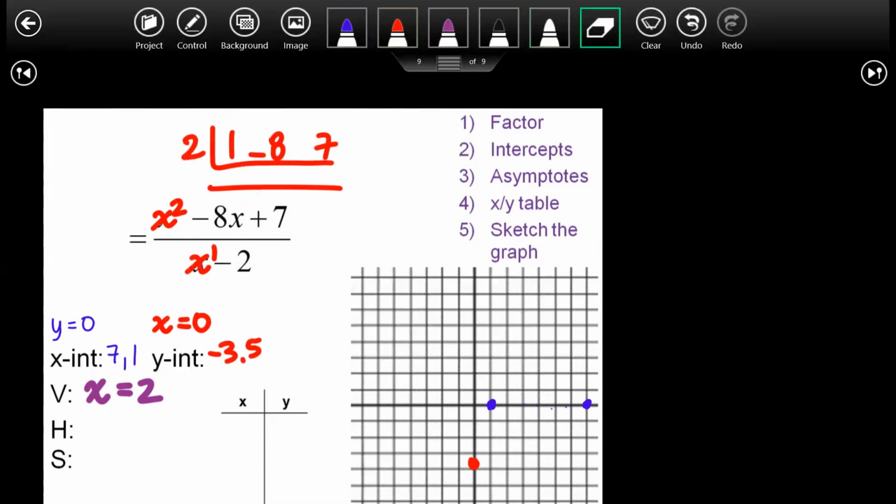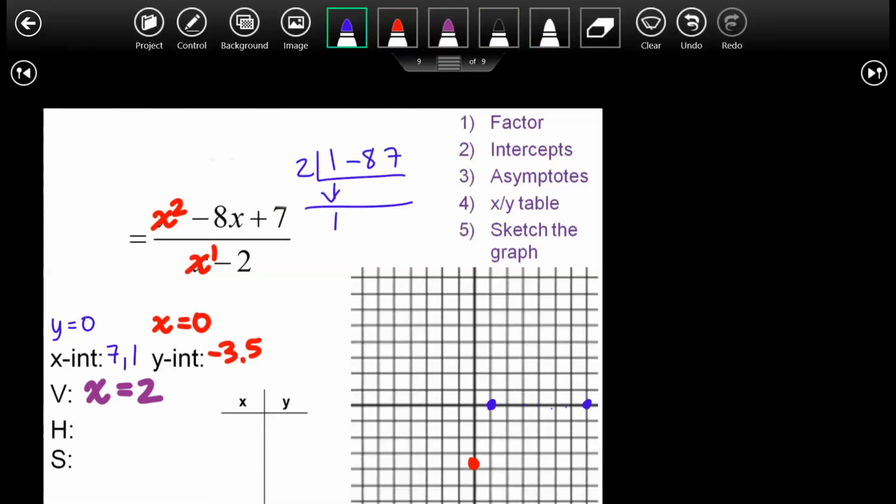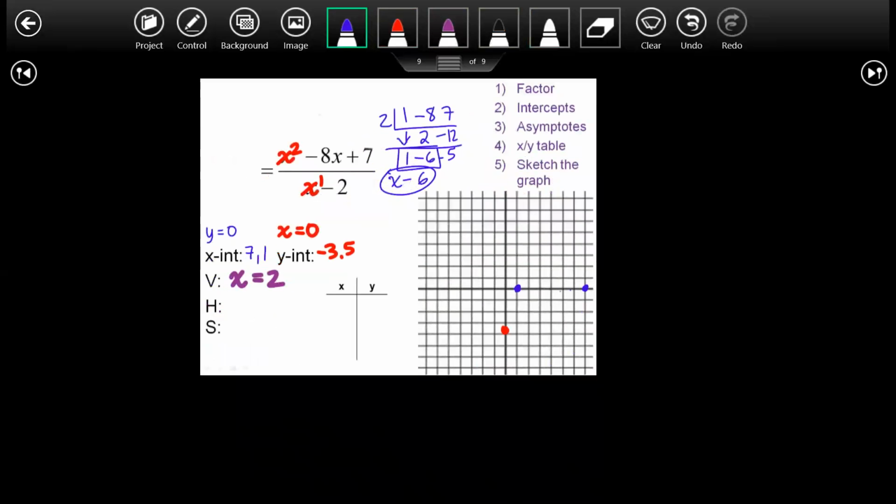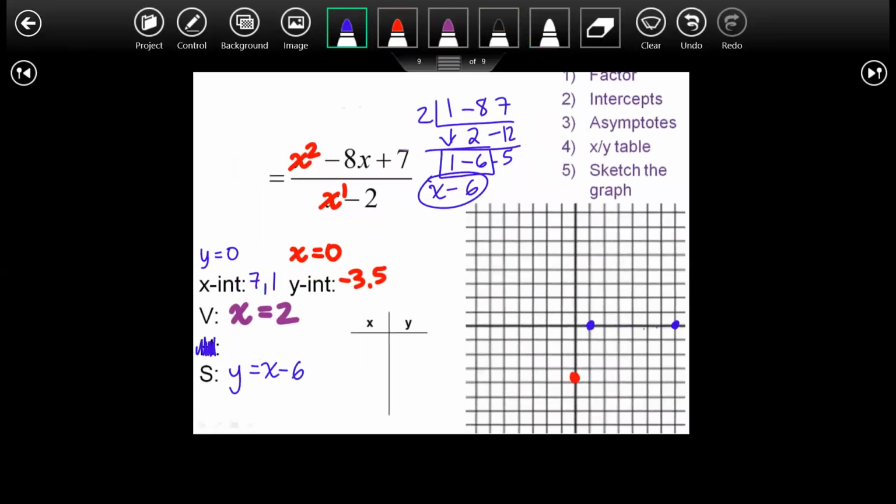Dropping down that first one, we're going to get 1, 2, negative 6, negative 12, and I think this comes out to 3, 5, negative 5. We only care about the first two. This will give me x minus 6. This is my slant. So we do not have a horizontal, but we have a slant asymptote at y is equal to x minus 6.